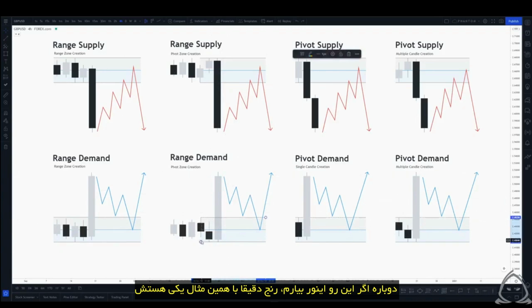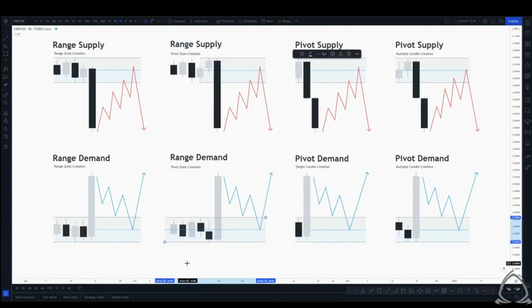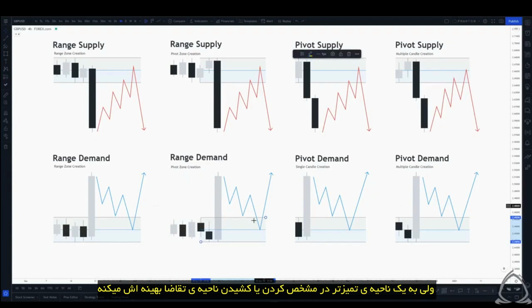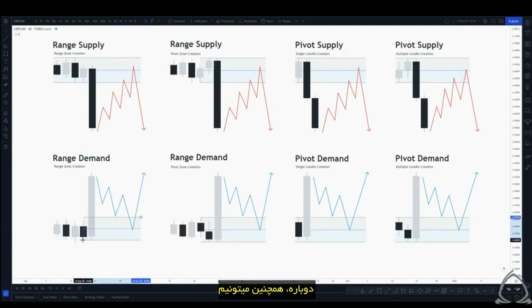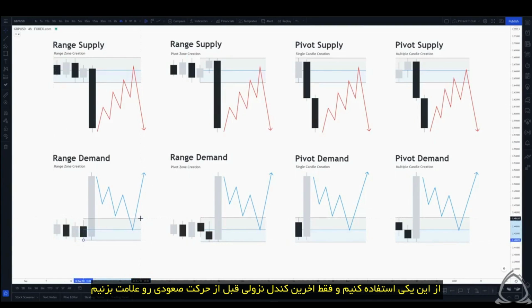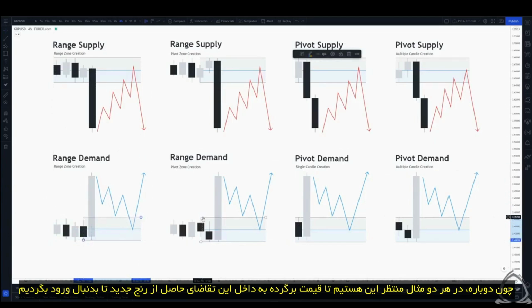Again, if I just move this over, the range would be exactly the same in this example, but it just refines it to a more clean-cut approach of drawing or mapping the demand zone. Again, we can also use this one and just draw it on this last bearish candle before the rapid move to the upside, because again, in both situations, we are waiting for price to come back down into this newly created demand zone to look for entries.